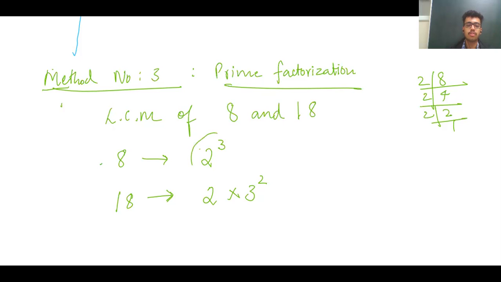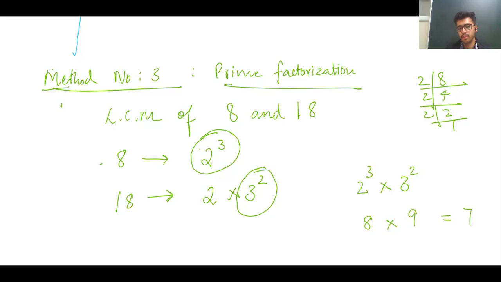So here the largest value is 2 to the power 3. Here 3 square is there, here nothing is there. So the largest one is 3 square. So the LCM is 2 cube into 3 square. 2 cube is nothing but 8. 3 square is nothing but 9. So 8 into 9 is how much? 72. Yes. So the LCM of 8 and 18 is 72.